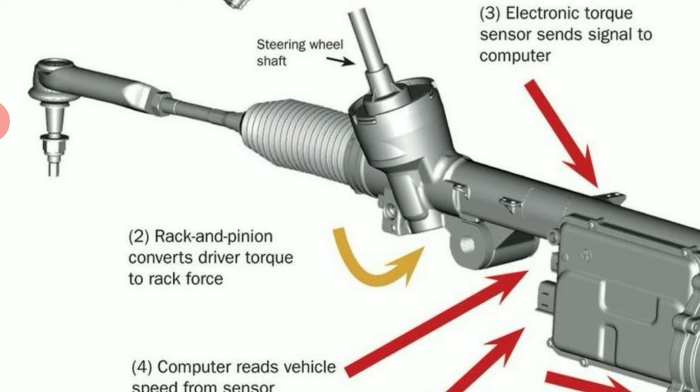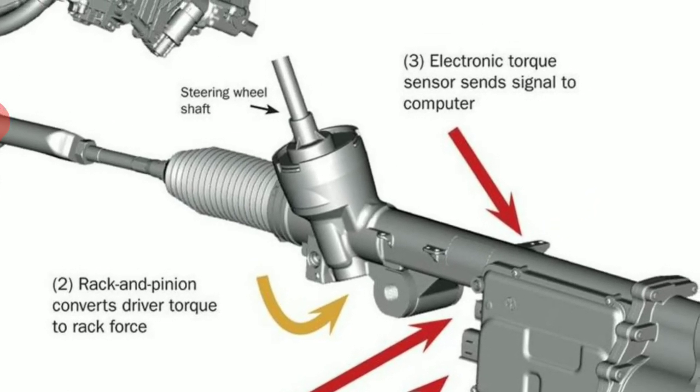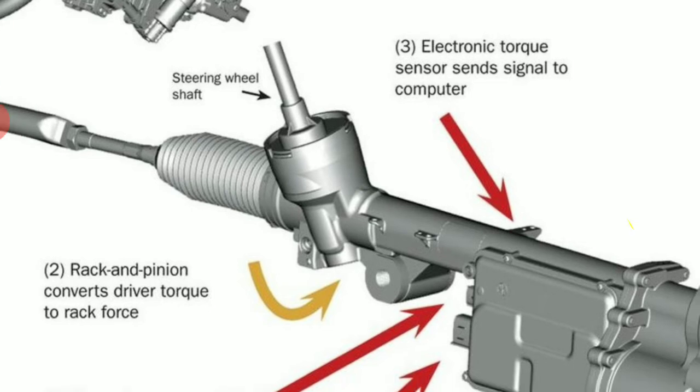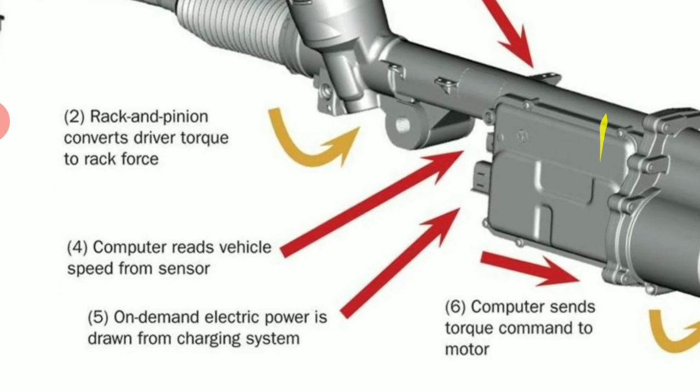First, mechanical energy: when the steering is rotated, the rack and pinion converts driver torque to rack force. Then the electronic torque sensor sends signals to the computer. Once the torque is developed, the sensor sends signals to the computer. That is where the electrical energy starts.